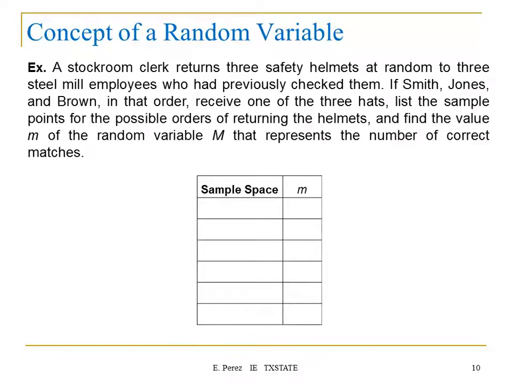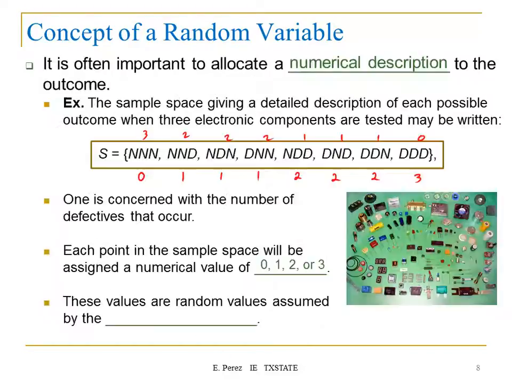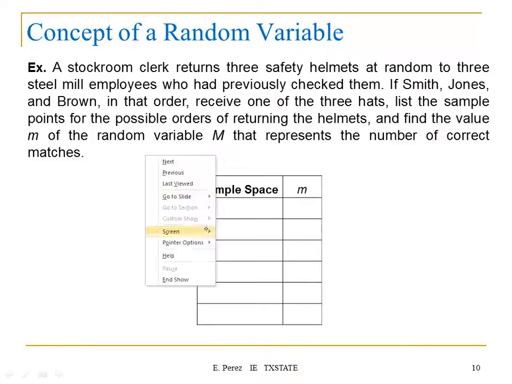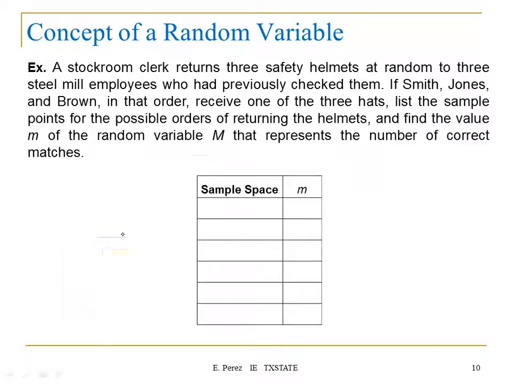So now I want you to list the sample points for the possible orders of returning the helmets and find the value m of the random variable M that represents the number of correct matches. So we are returning these helmets and want to know if we were able to match the exact same person.